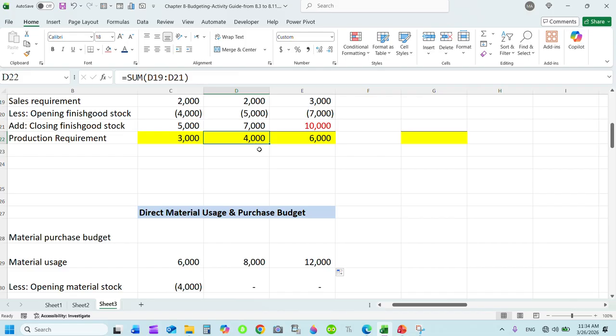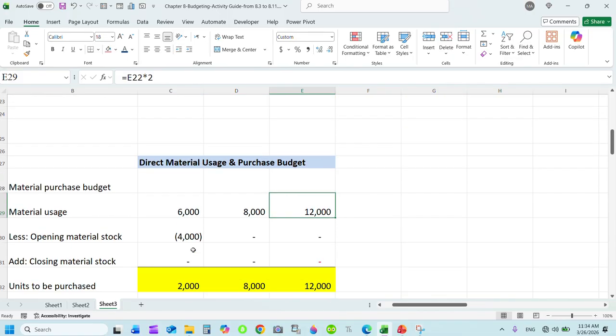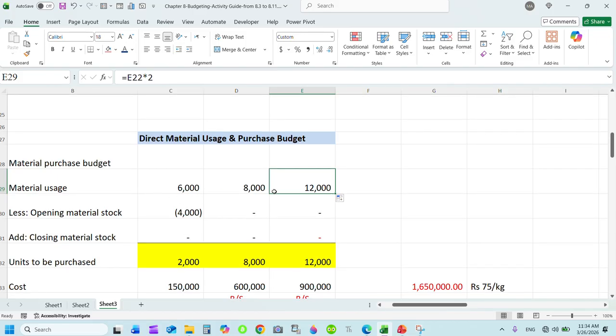For you to produce 4,000, you need 8,000 kilograms. For you to produce 6,000, you need 12,000 kilograms of raw material. Now this is the usage requirement, right?